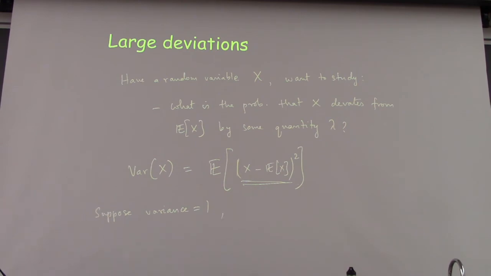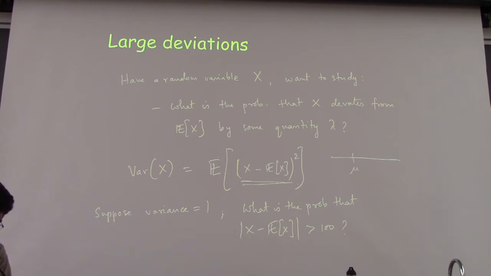And now I ask you, what is the probability that X minus EX is bigger than 100? How would you answer this? I claim you already know the answer. Is the question clear? You have a random variable that takes real values and its expectation is mu.